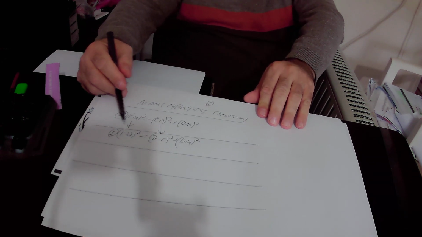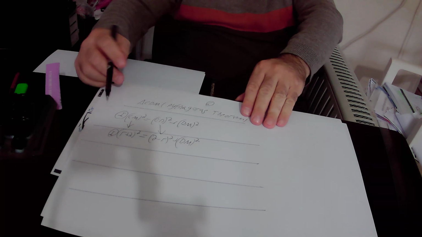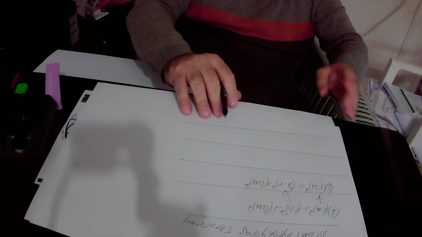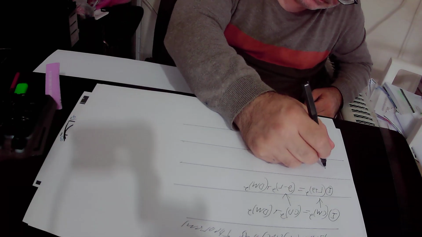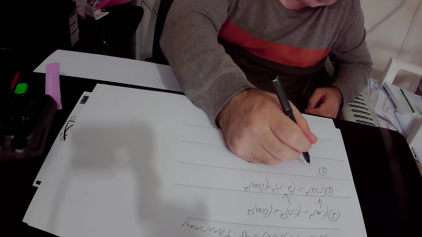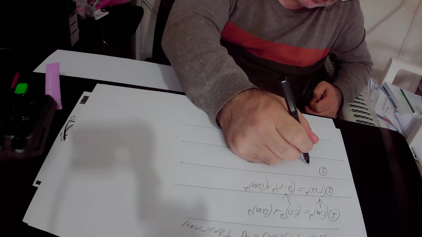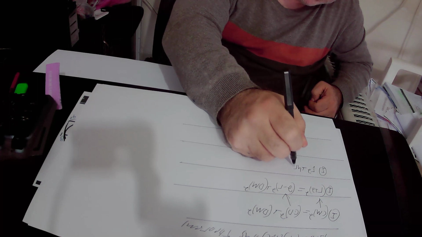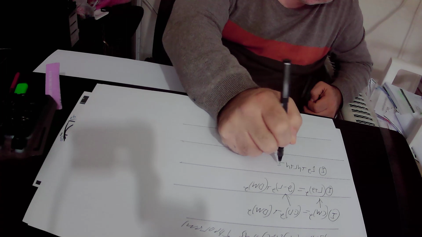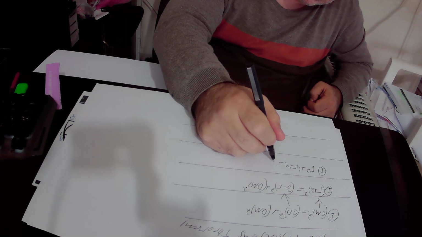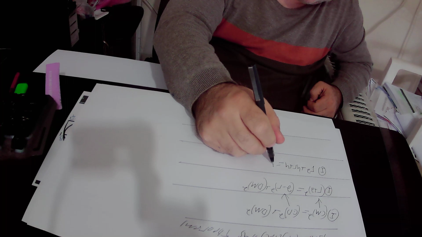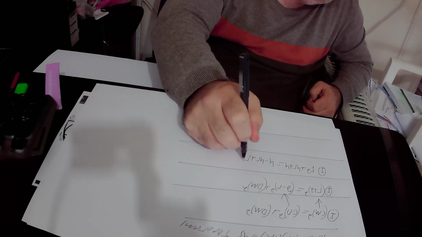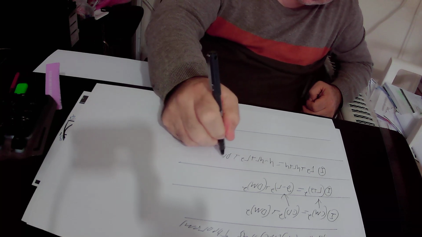Here we will open the brackets on both sides of equation number 1, and we will get that R plus 2 square equals R square plus 4R plus 4, and 2 minus R square equals 4 minus 4R plus R square plus DM square.